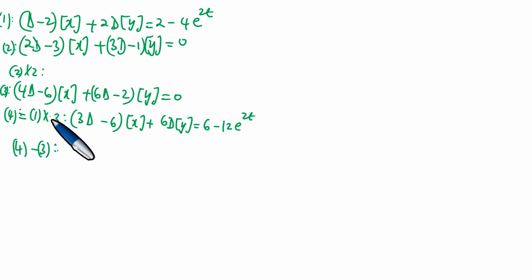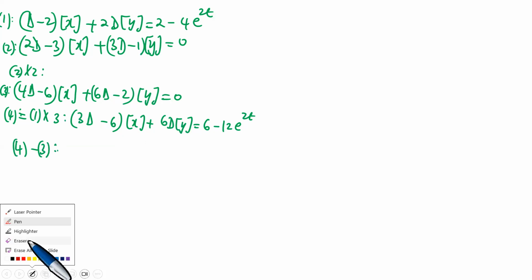Which one is neater? Allow me to say 3 minus 4. I'm justifying that because it's easier to say 4d minus 3d, and then you get a d. So if you then say 3 minus 4, it makes the whole thing neat.